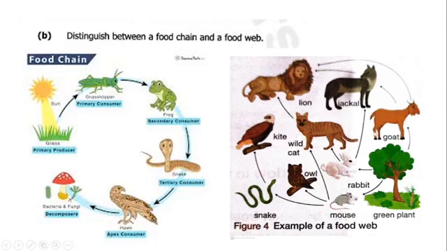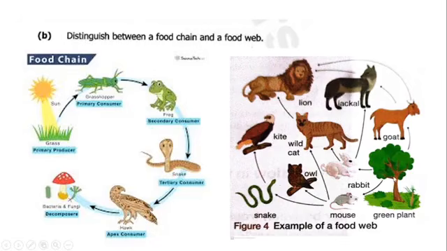Apart from that, you can see that in the food chain, each organism occupies only one trophic level. But when you look at the food web, you are able to see that more organisms can occupy different trophic levels, except the what? The producers. The producers only occupy one trophic level, because this is the initial step of the food web.